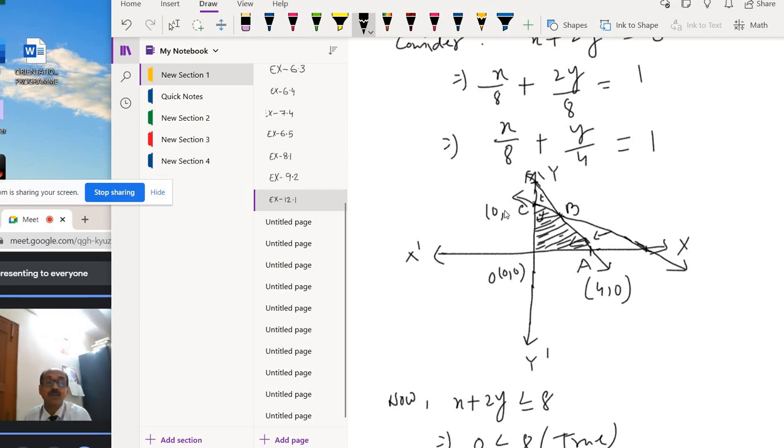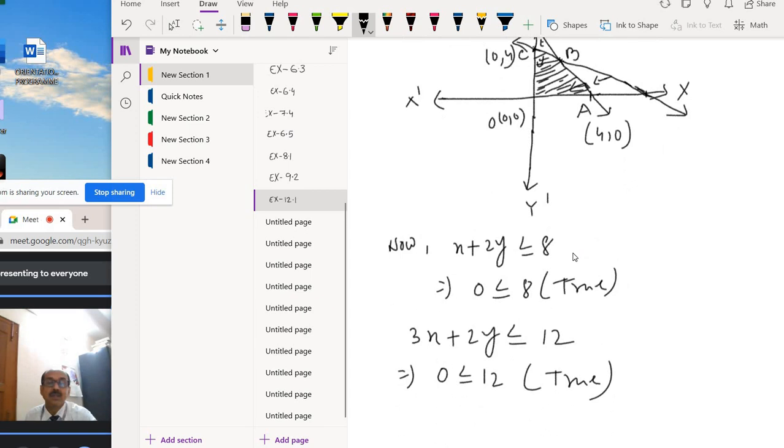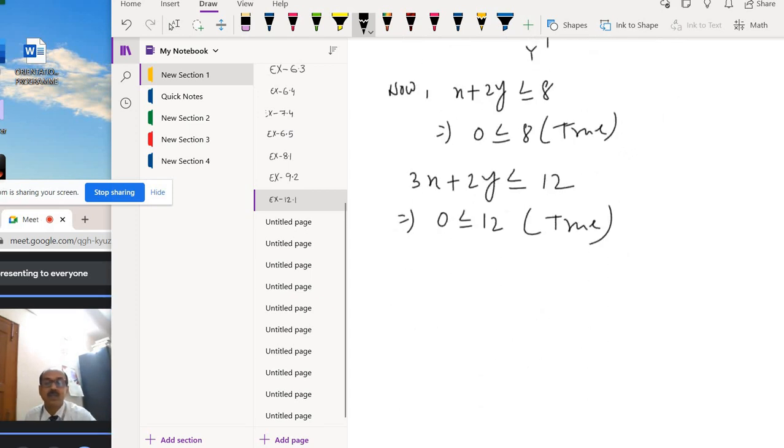C is 0, 4. And how to find B? By solving these two equations.